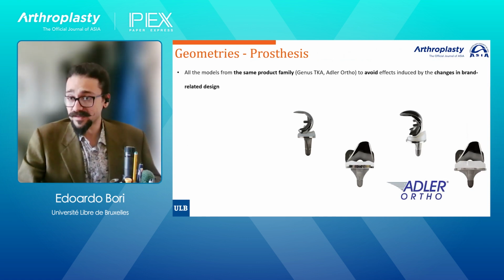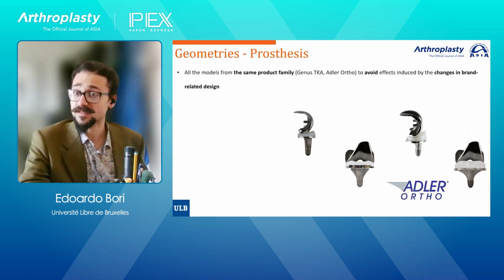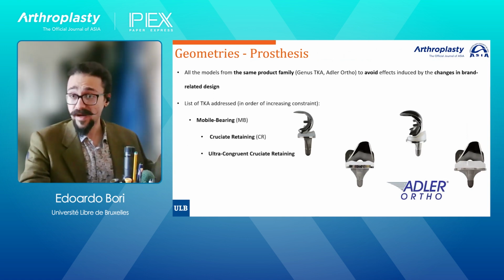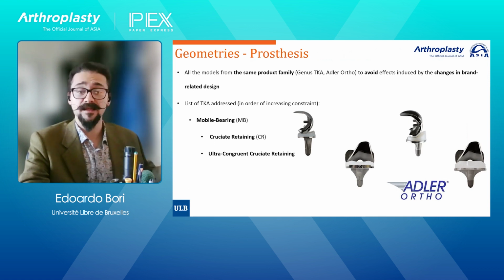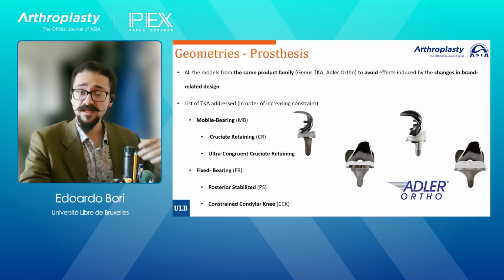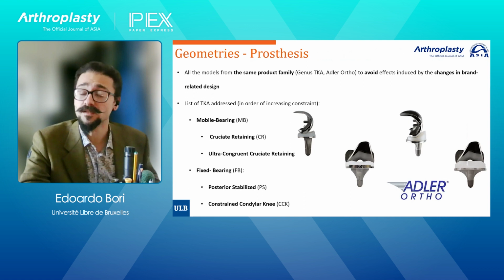So the only parameter changing was the level of constraint and not other design parameters. For mobile bearing, we considered two different implants, one cruciate retaining and the other ultra congruent cruciate retaining. For the fixed bearing, we have a posterior stabilized and a constrained condylar knee.